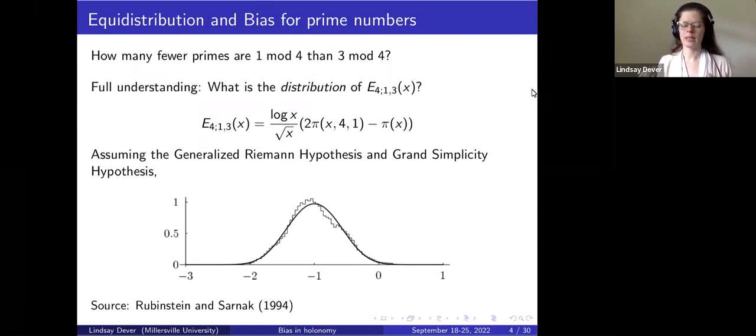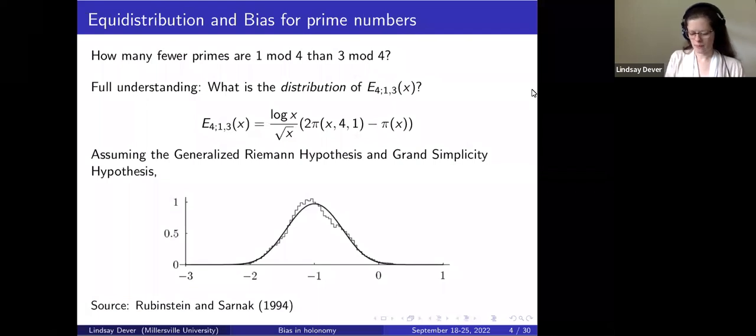And with the assumption of generalized Riemann hypothesis and grand simplicity hypothesis, they showed that this normalized bias count is distributed according to this solid line. And then the jagged line is a histogram of actual data from large prime numbers.